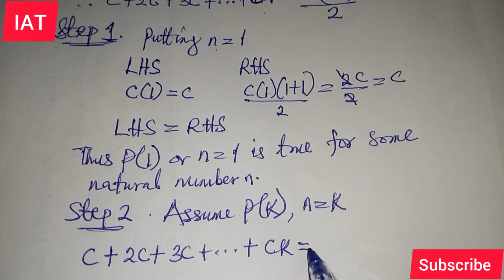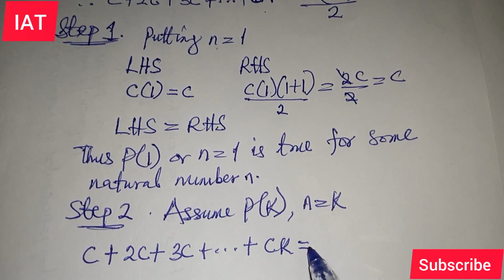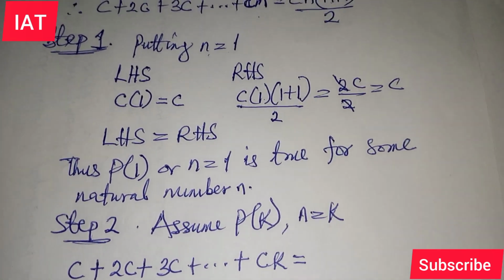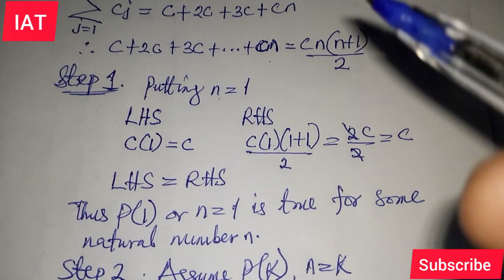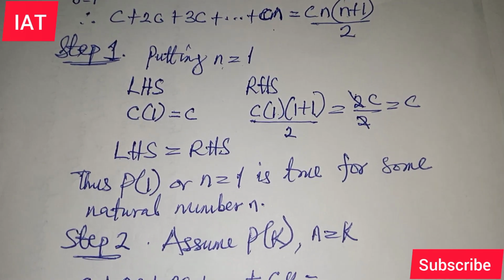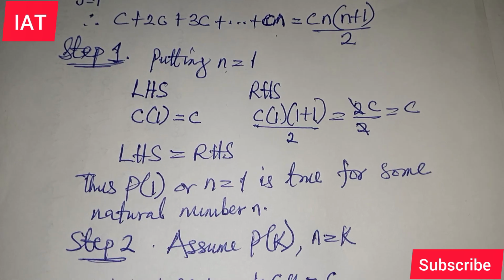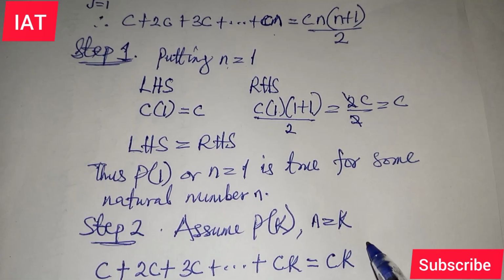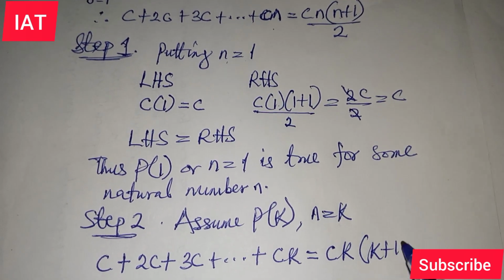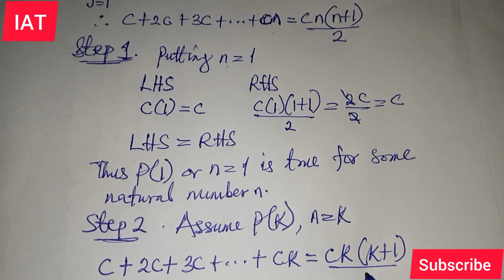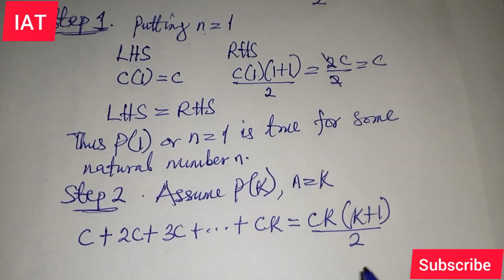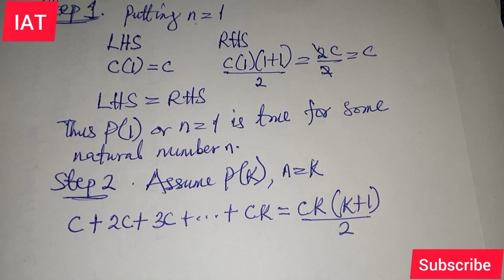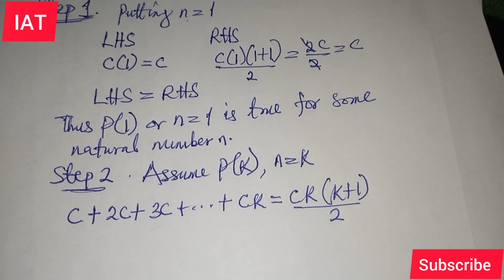This will be equal to, what about the right hand side? It's the same thing you need to do. Look at the original question. Anywhere you see n there, you plug in k. So we have c into k, or multiply by k, into k plus 1 all over 2. So this is essentially what you need to do at the left hand side.